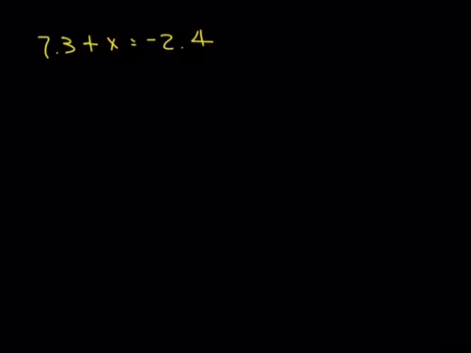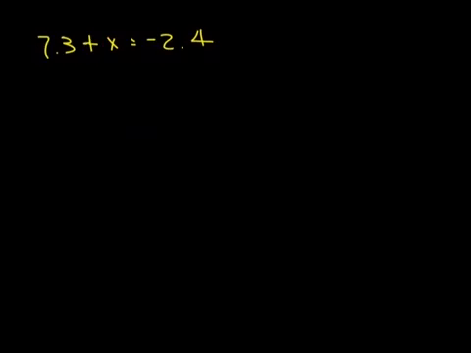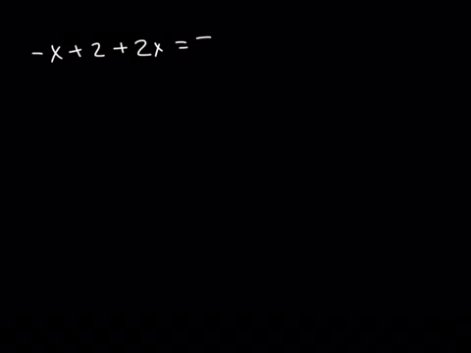Alright, so let's go to example number 7. Example 7 says we have negative x plus 2 plus 2x equals 7 plus 5.